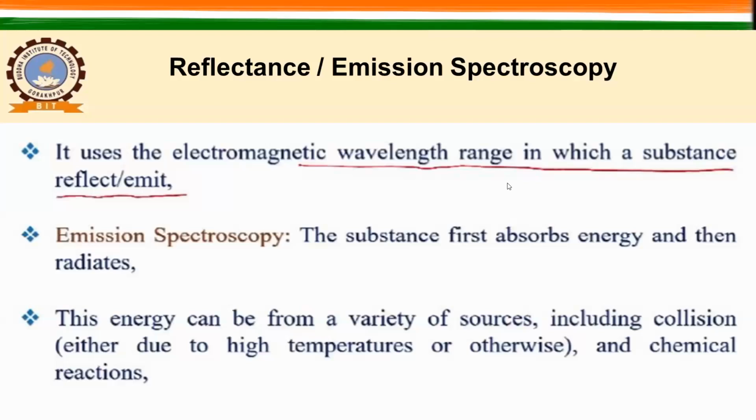The sample will re-emit those absorbed energy in the longer wavelength region, and that we measure in the thermal remote sensing. I hope this part is clear to you and you remember this part. The energy can be from a variety of sources, including collision, either due to high temperature or otherwise a chemical reaction within the sample itself, right?